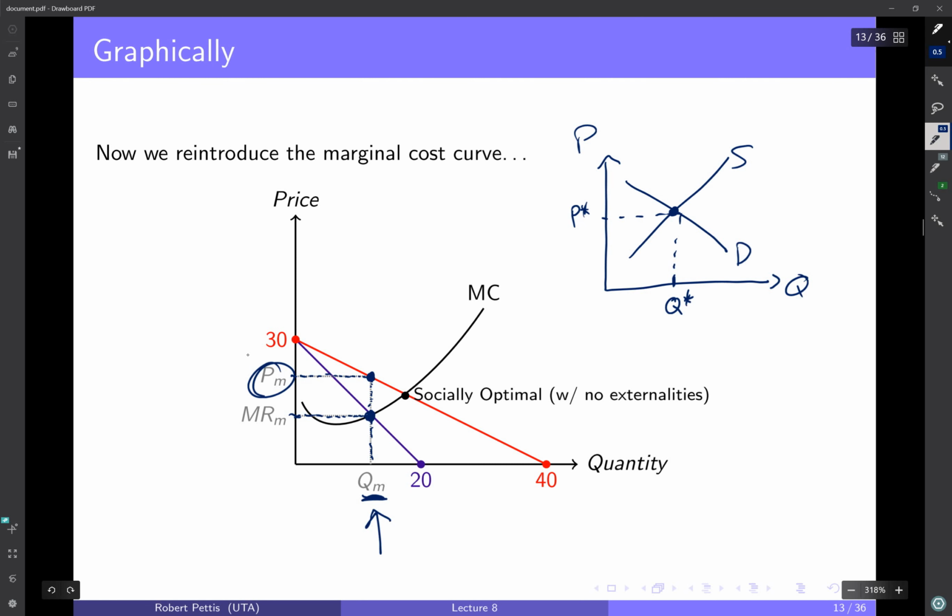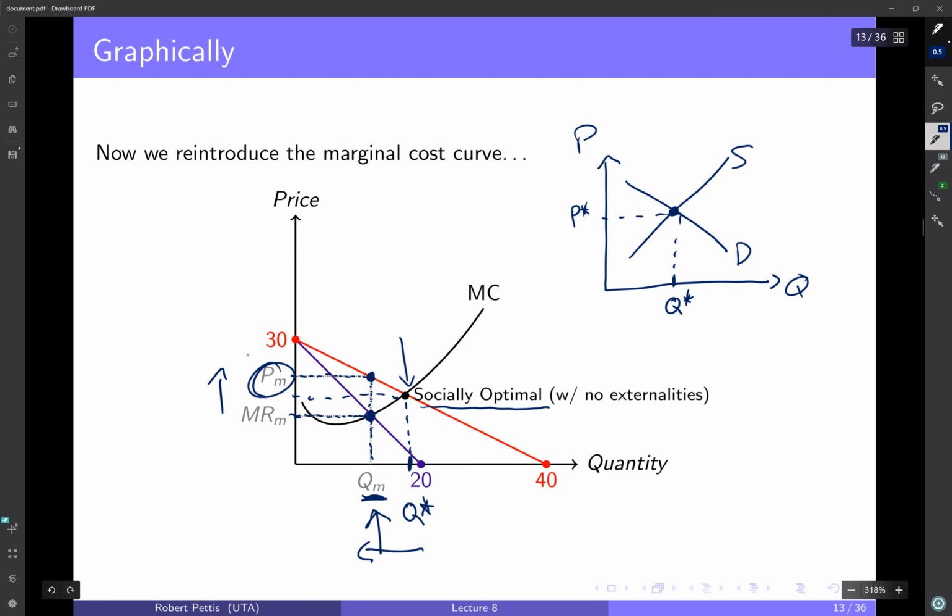So this PM here is actually the price that monopolists will charge, and as we notice, that's a greater price than where marginal cost equals demand, which we say is the socially optimal price, assuming there are no externalities, and this would be our Q star. But we're going to be producing less than that Q star, and we're going to be charging a higher price than would be optimal.